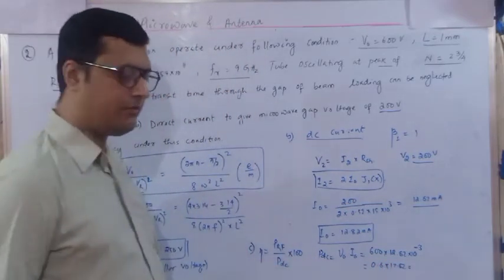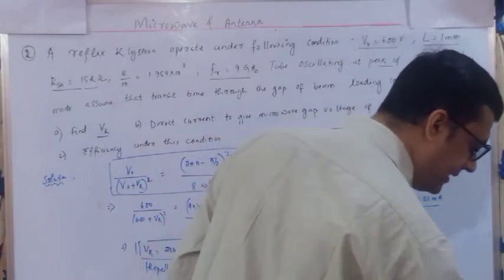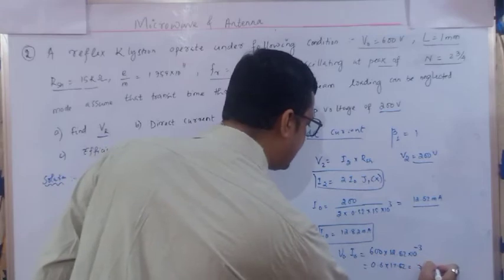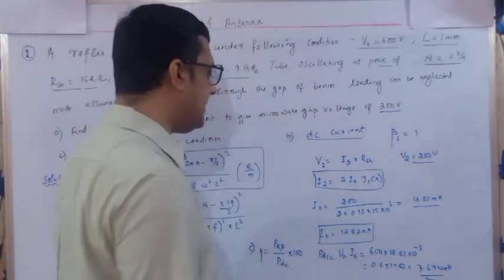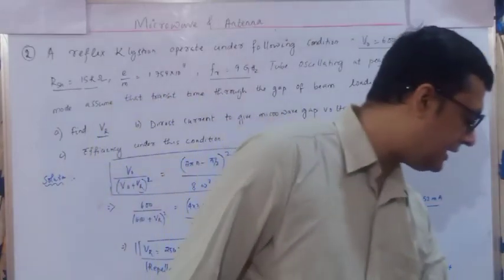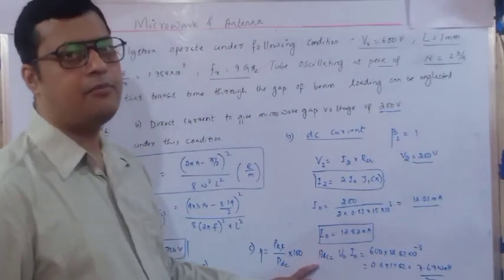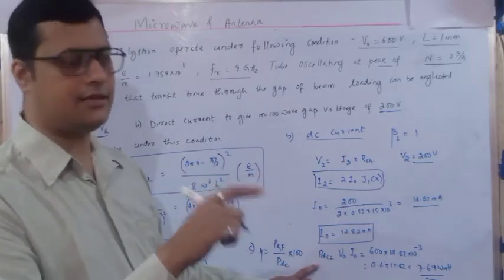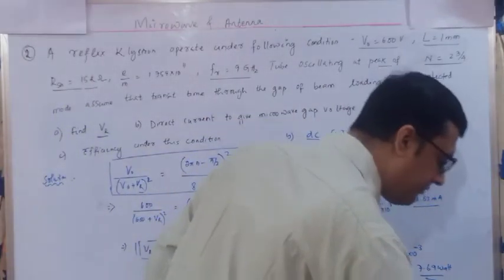Solve it with the help of a calculator, and you will determine PDC is equal to 7.69 watt. So 7.69 watt is your PDC, the DC power provided at the input of a reflex klystron. So this is PDC. Now we have to calculate the PRF.